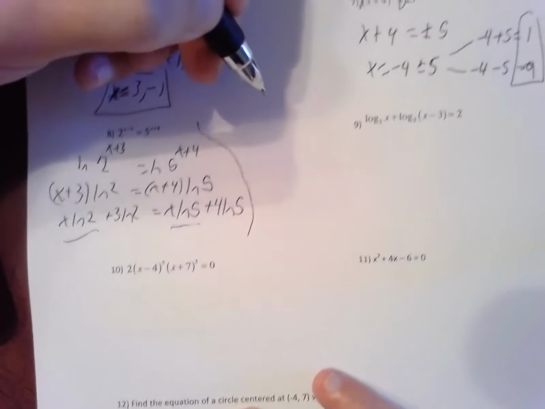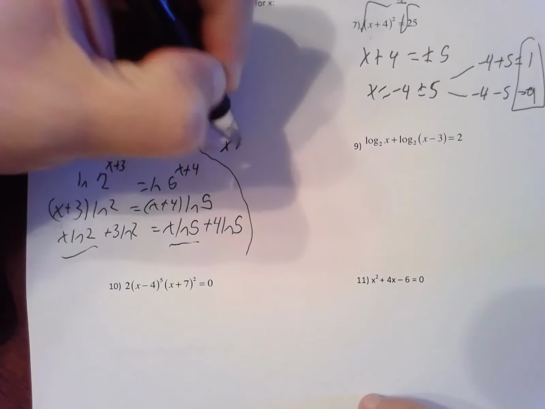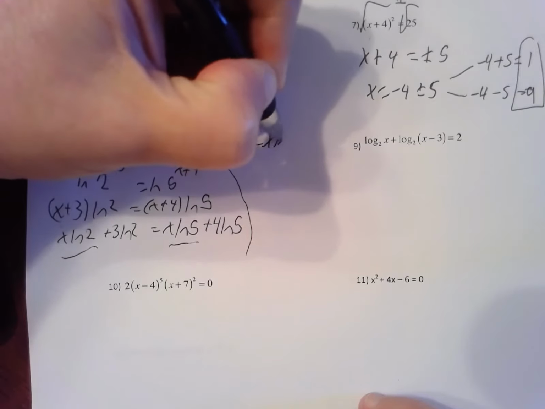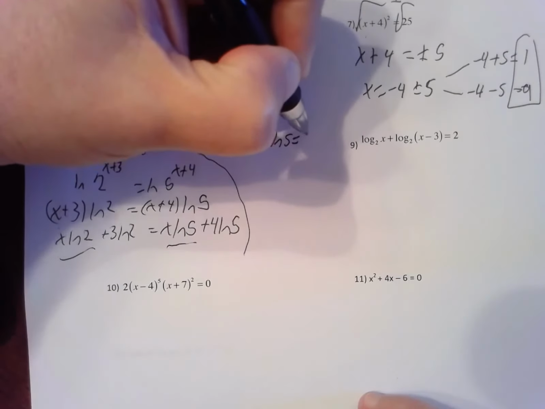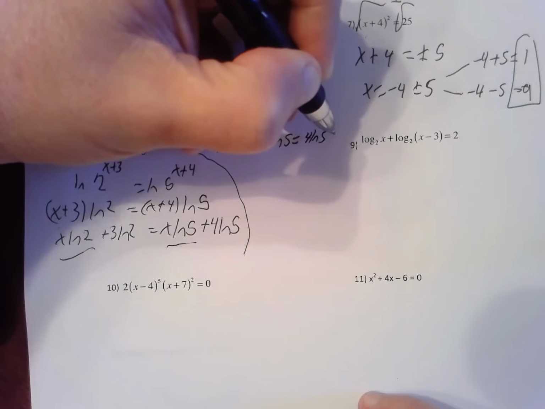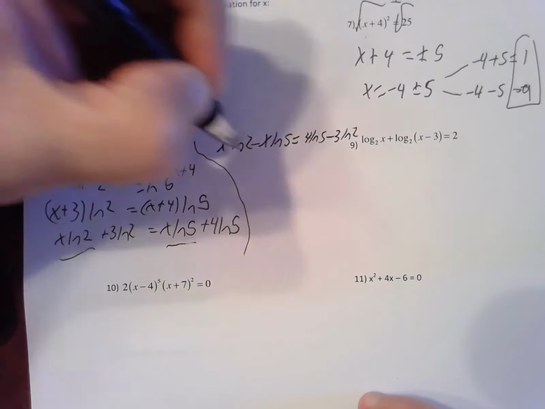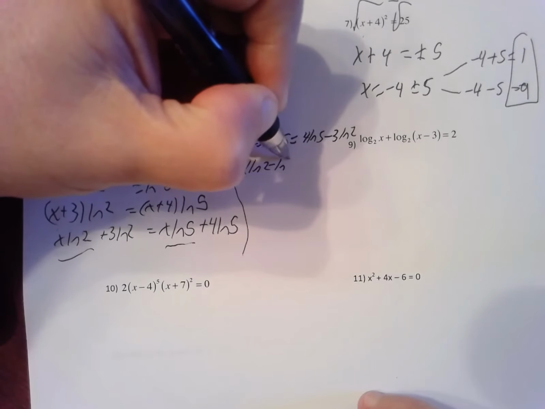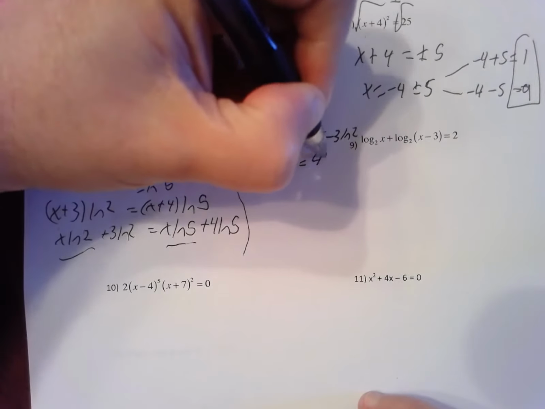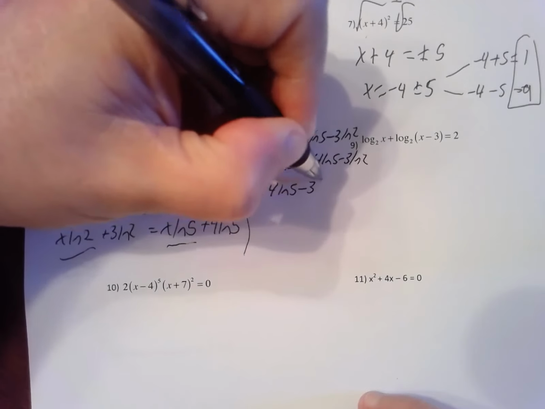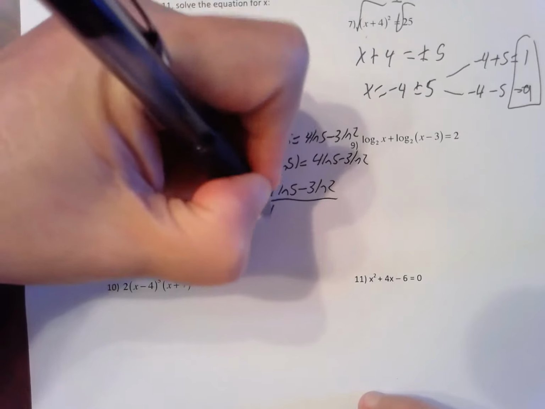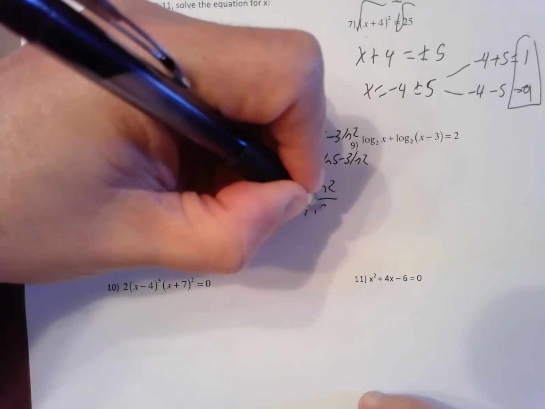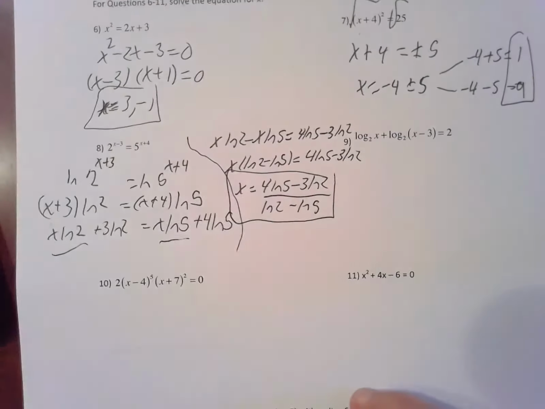So x ln 2 minus x ln 5 will equal 4 ln 5 minus 3 ln 2. Factor out the common factor of x, and then divide. Okay, there's our final answer.